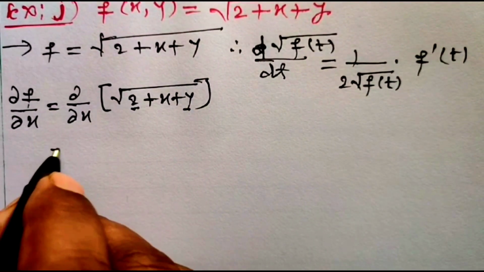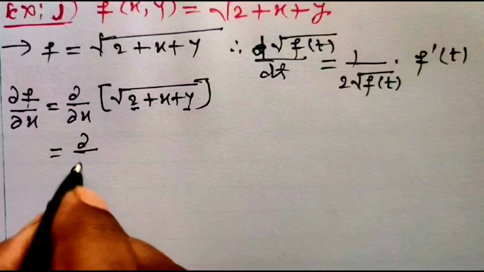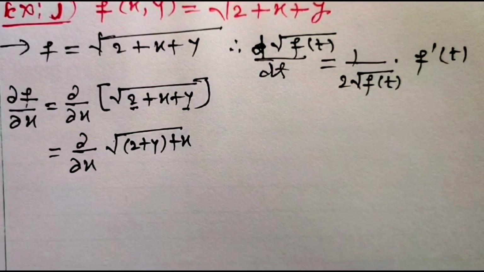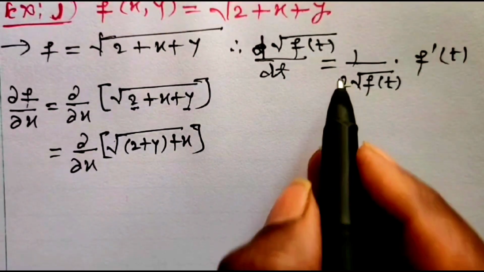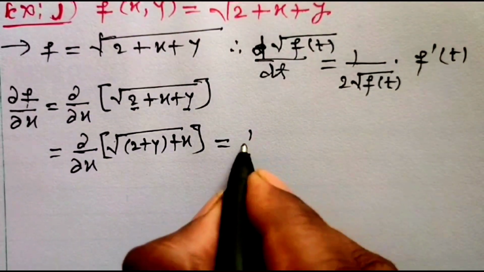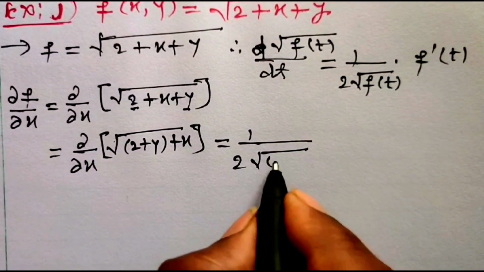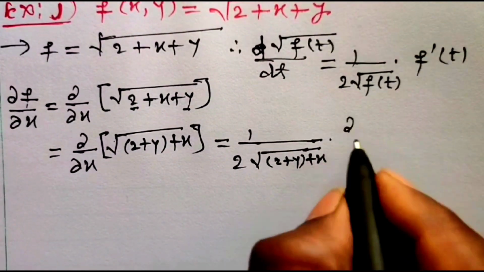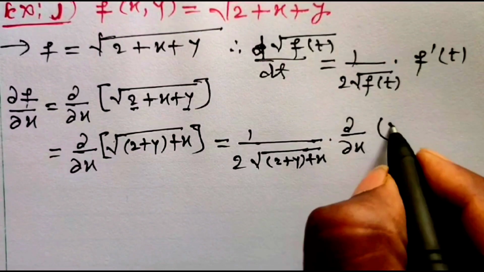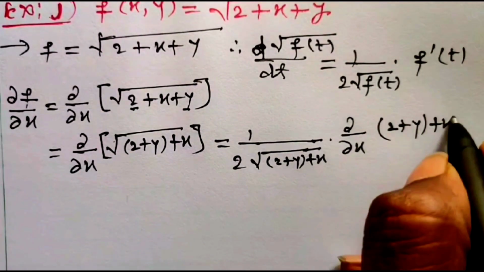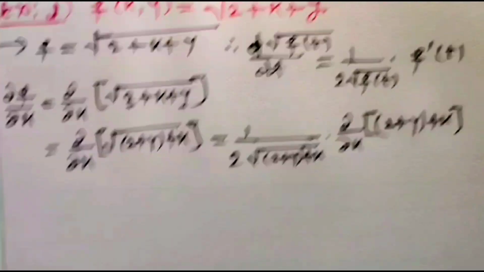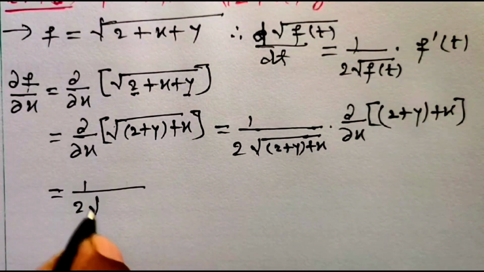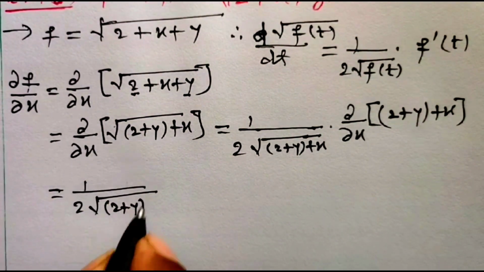So this is equal to partial derivative with respect to x of square root of 2 plus y plus x, and then applying this formula, this is equal to 1 upon 2 root 2 plus y plus x into partial derivative with respect to x of 2 plus y plus x. 2 plus y is constant. Separately apply. Hence, this is equal to 1 upon 2 root 2 plus y plus x.